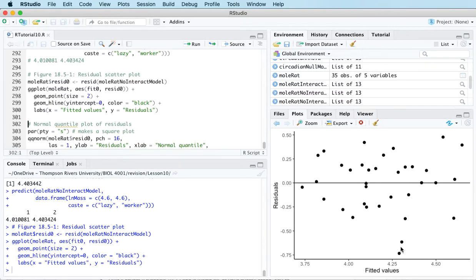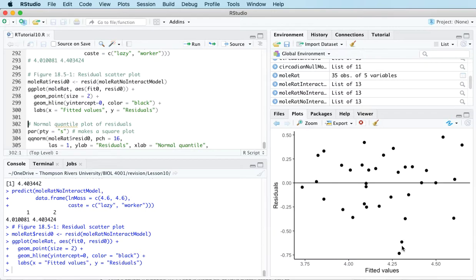You might be a little bit concerned about these 2 points down here. It'd be nice if those 2 points just weren't there, but they are, and so we have to just live with that. But it's just 2 points. It's not worth getting too excited about just 2 points when we have a sample of 35 points here.